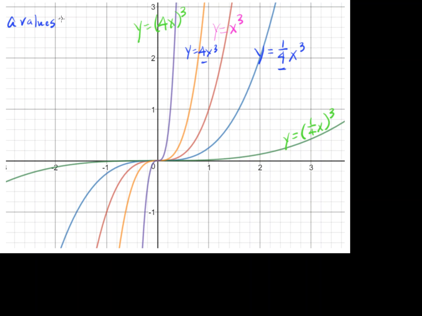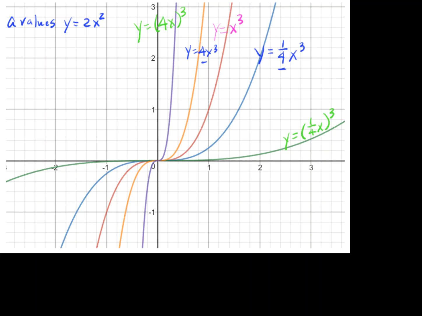So it could be anything like y equals, even for a parabola, 2x squared, something like that. Anything that's outside of the function.